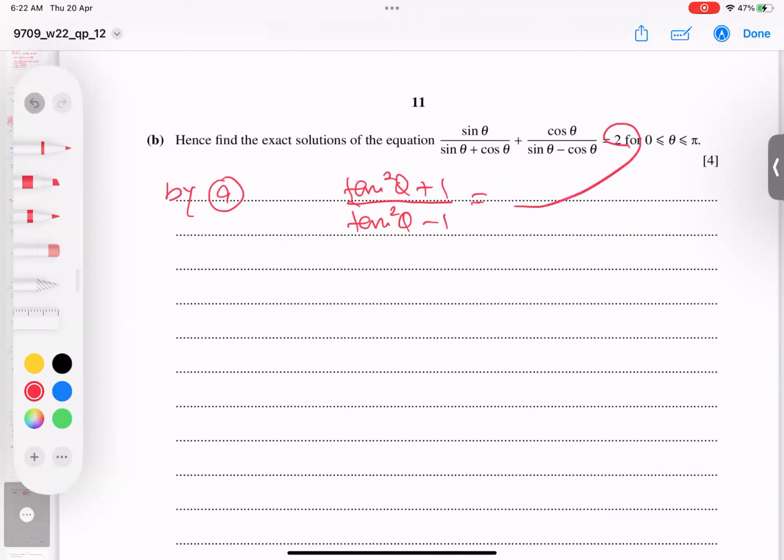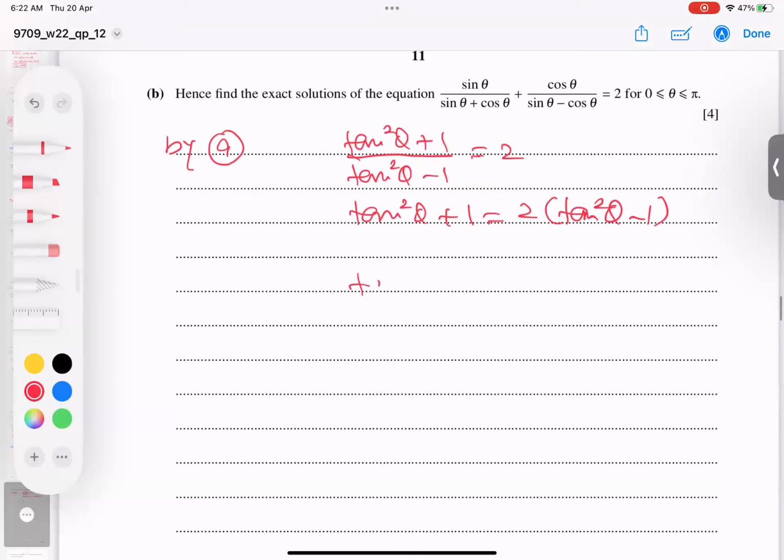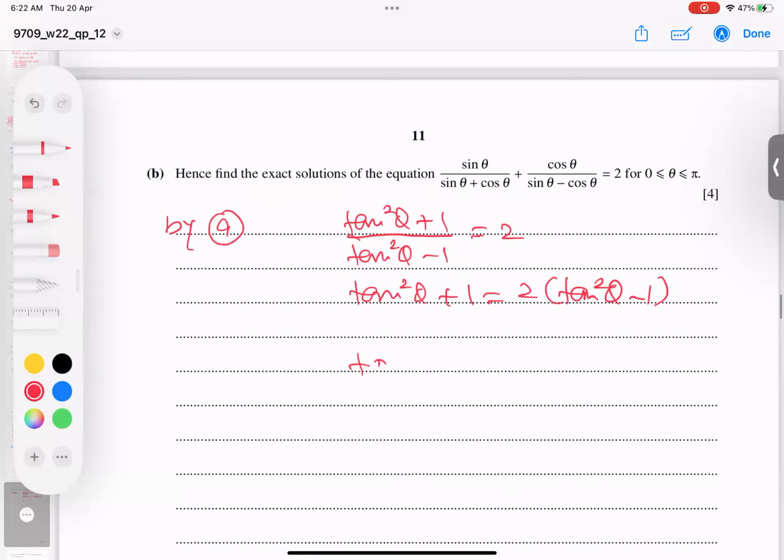But the right hand side I'm not changing. Now students, I'm going to solve it by cross multiplying, it multiplies with the 2. So tan square theta plus 1 equals 2 times tan square theta minus 1. So I can say here tan square theta plus 1 equals 2 tan square theta minus 2.